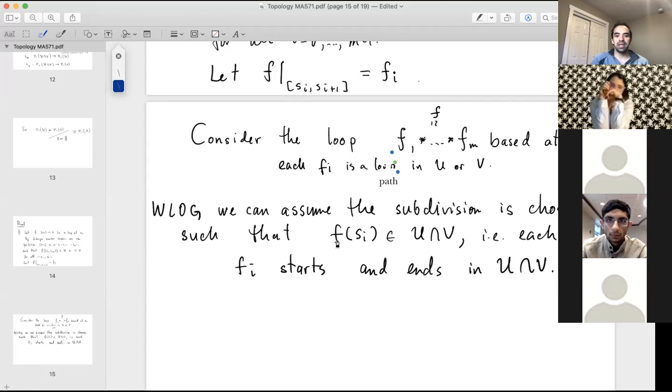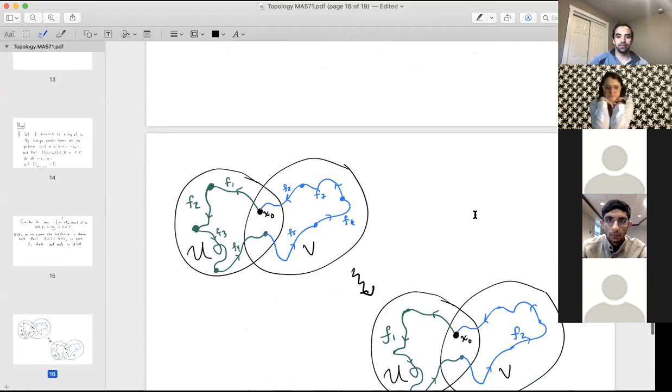So this would mean that each of these fi's are paths that start and end in the intersection of U and V. And I can assume this without loss of generality. Namely, if my partition does not satisfy this, I can always find another one which satisfies this property. And let me explain it in a picture now, okay? So there's a picture of an example. Suppose I have X, which is covered by U and V, right?